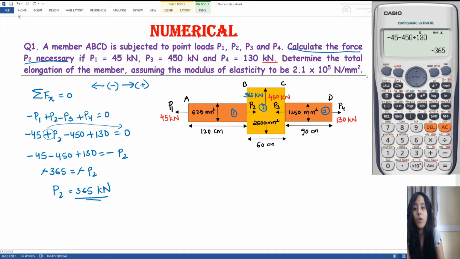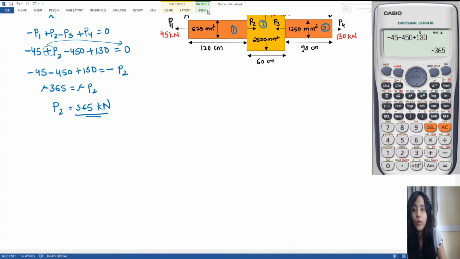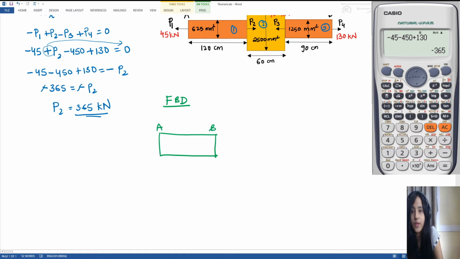To find total elongation, we need to take each section like we did yesterday. So let me take the first section AB. I will draw a free body diagram of the section that I'm taking, AB.